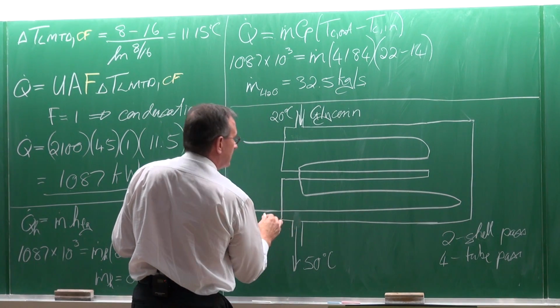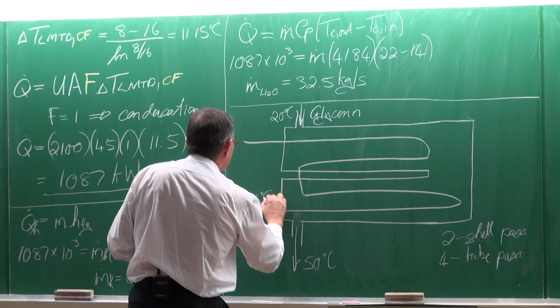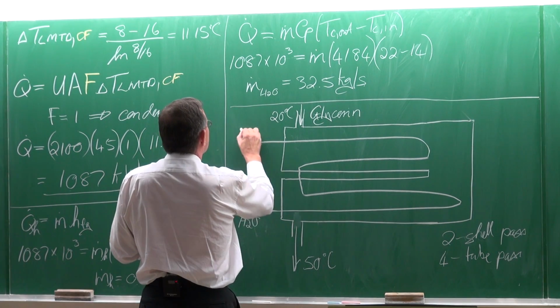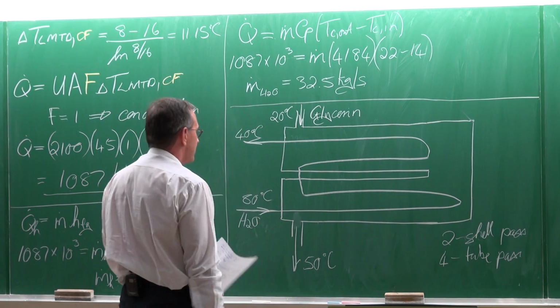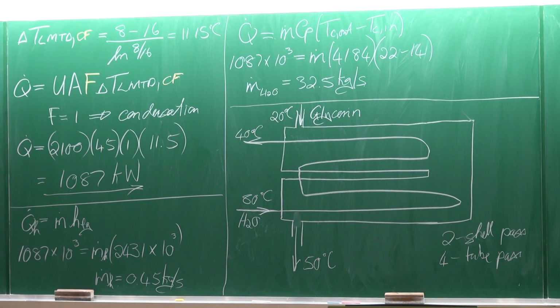This is just schematically. So here we've got water at 30 degrees Celsius, hot water, and the water exit temperature would be 40 degrees Celsius. So we are lucky in this case, we've got all the inlet and outlet temperatures.